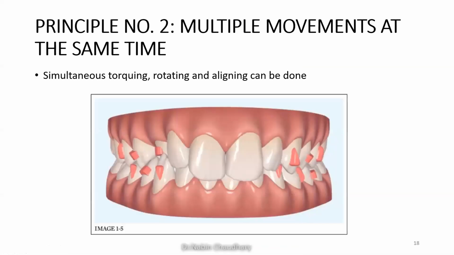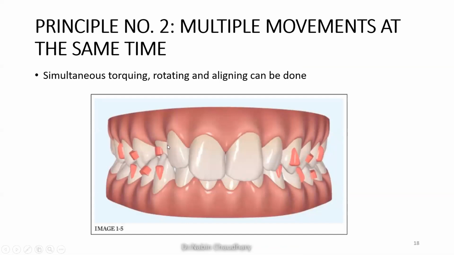Another principle is that multiple movements are produced at the same time. That is, simultaneous different movements, such as torquing, rotating, and aligning, can be performed at the same time using the Invisalign system.